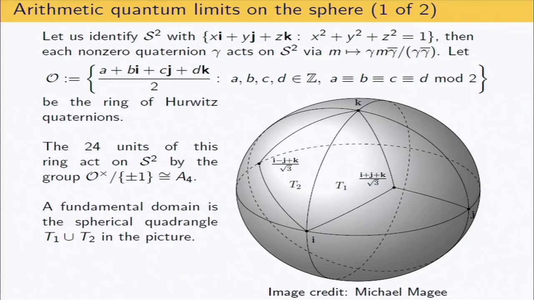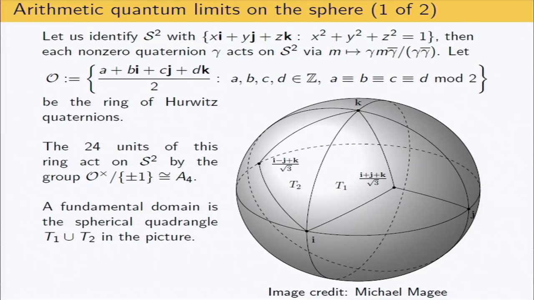But there are some Hurwitz quaternions that we want to mod out by, and those are the units. The unit Hurwitz quaternions. Well, there are 24 unit Hurwitz quaternions. They form a group isomorphic to SL2(F3). And plus minus 1 acts trivially, so then you get PSL2(F3), which is isomorphic to A4.